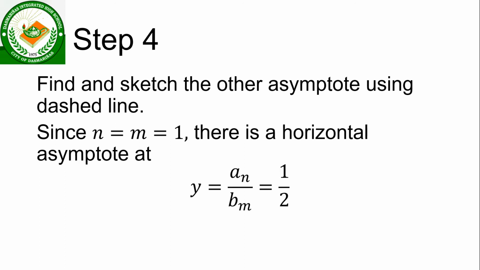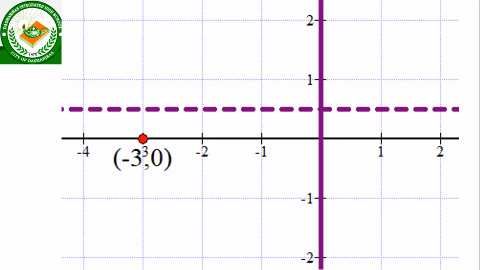The leading coefficient of the numerator is 1, while for the denominator it is 2. So we have here y equals 1 over 2. And y equals 1 over 2 is located there. Okay. The horizontal broken line, as you can see, will be the horizontal asymptote.